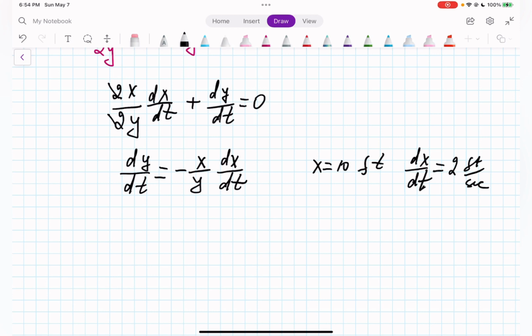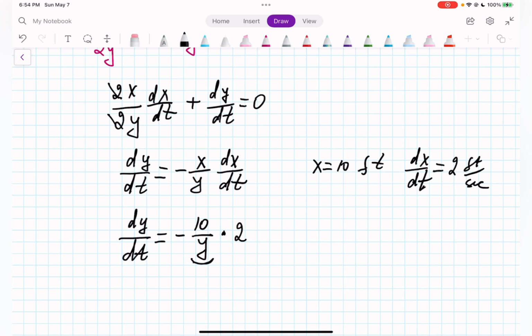dy by dt is equal to negative x, which is 10, over y, and dx by dt is 2. So we are missing y, right? We need to find y.